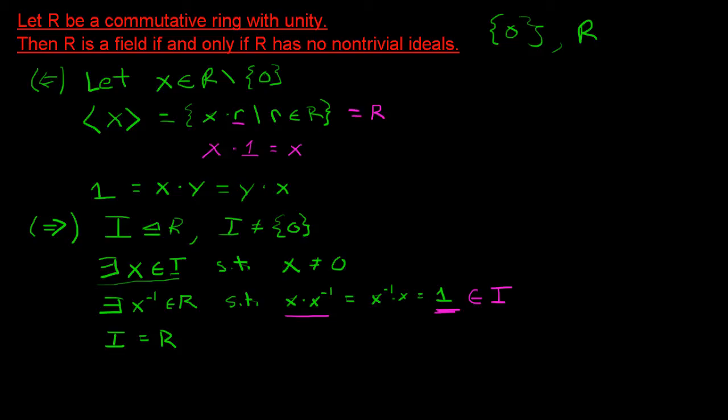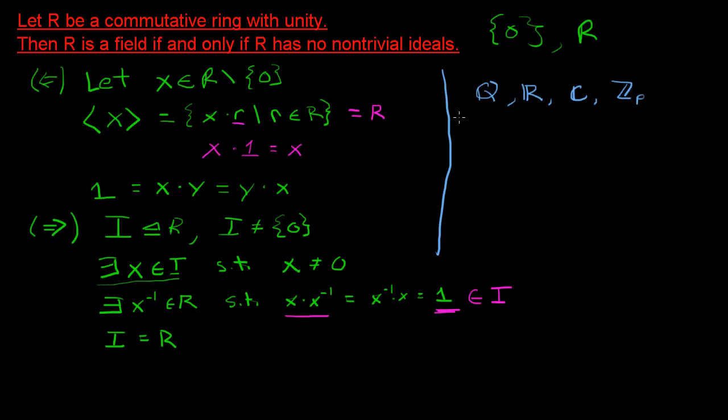Alright, so now I'd like to talk briefly about the implications of this result that we just proved here. So what are the fields that we've talked about so far? We have the rational numbers, the real numbers, the complex numbers, and we also have things like Z sub p for p a prime.